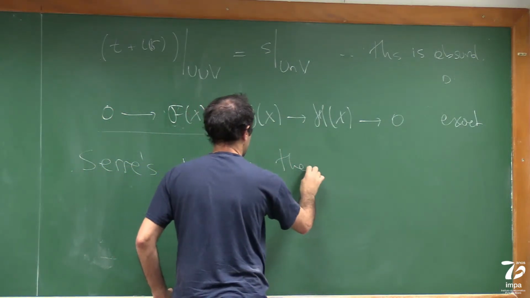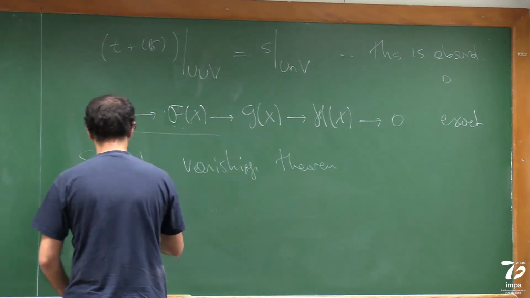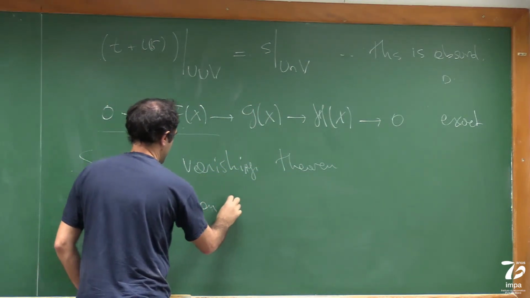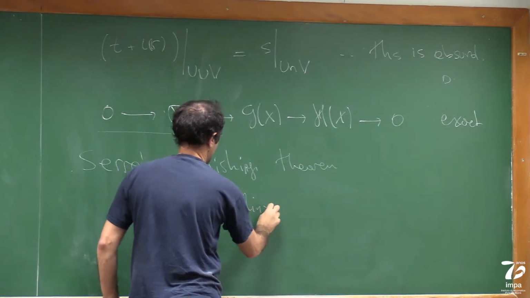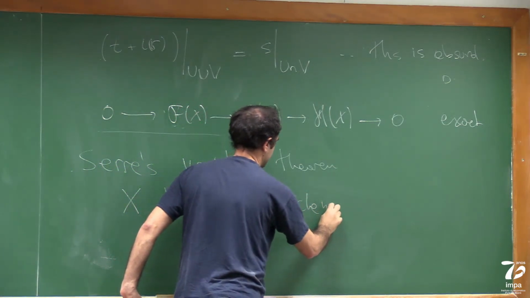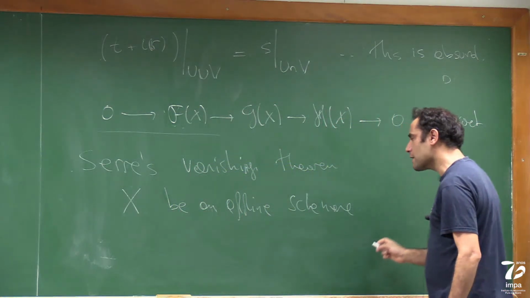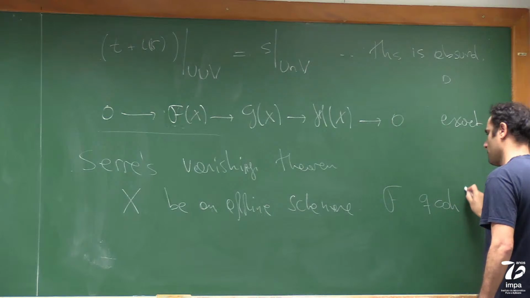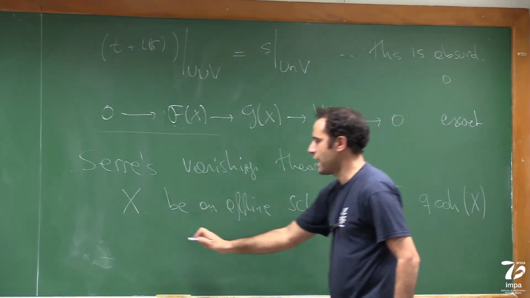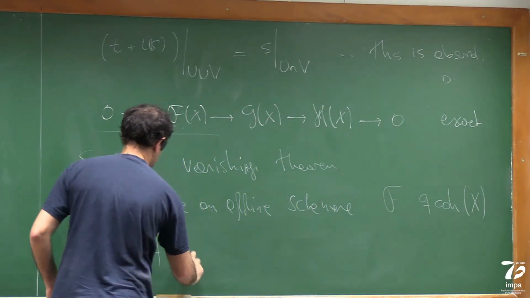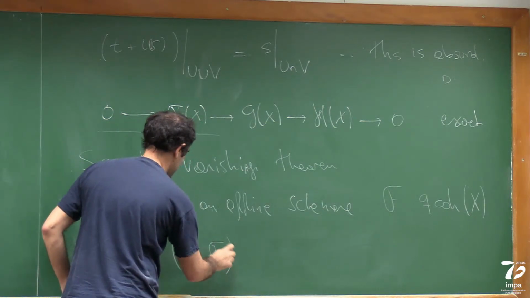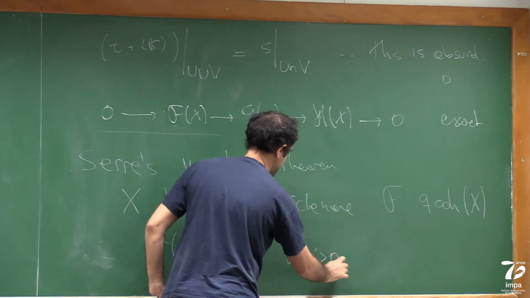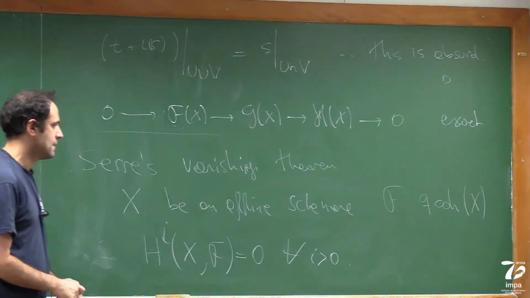Theorem. Let X be an affine scheme, that is, the spectrum of a ring, and let F be a quasi-coherent sheaf on X. I want to prove that the sheaf homology of X with coefficients in F is 0 for every i bigger than 0.